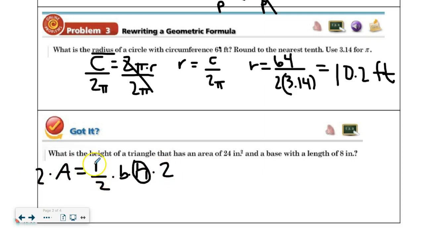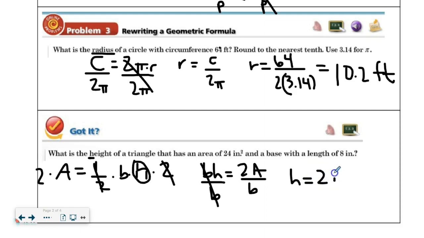Because 2 times 1/2 is 1, and it's going to cancel that, right? So I'm going to be left with BH equals 2A. And I want to solve for H because H is the height. So I'm going to divide both sides by B. B's are going to cancel. I'm going to have H equals 2A over B.